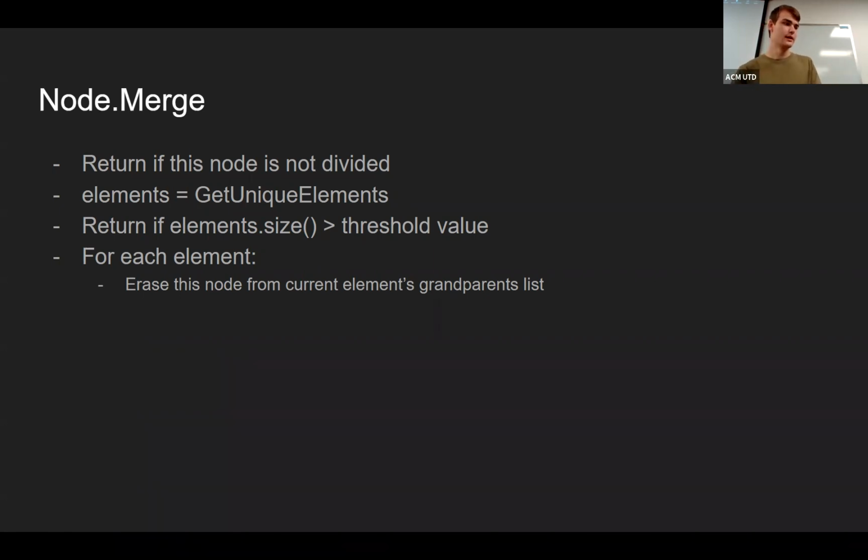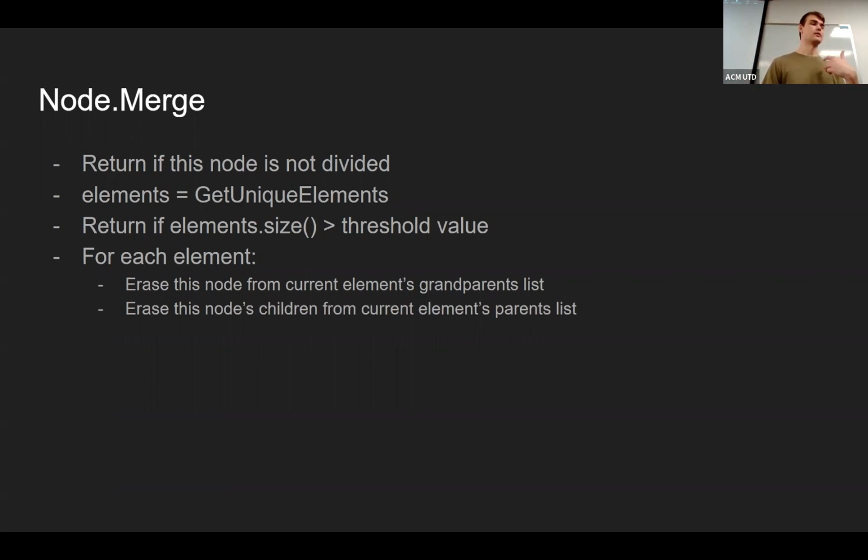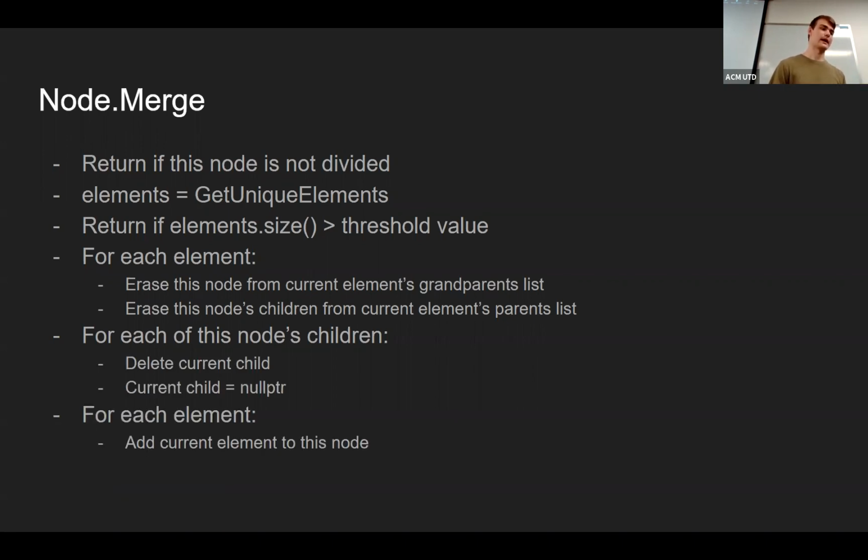So if they do, then we erase this node, the node that we're in, from that element's grandparents list, because this node was in one of our children, which means that its parents contained that child, and so its grandparent contained us. Then we basically just clear all of our children from that element's parents list, and then delete all of our children, and for each element, add it back to ourselves.